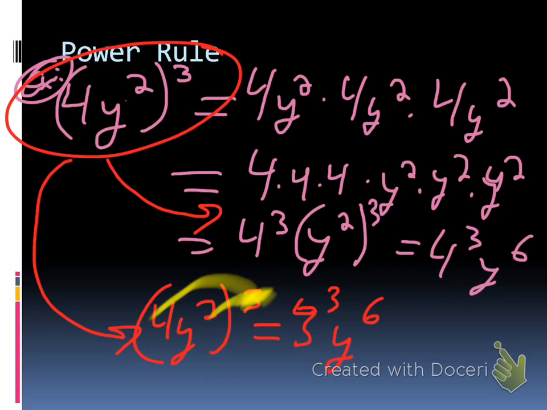I probably should have written this as a 4, not a 3. But anyway, I have to make sure that that power to a power goes to every factor in the base.